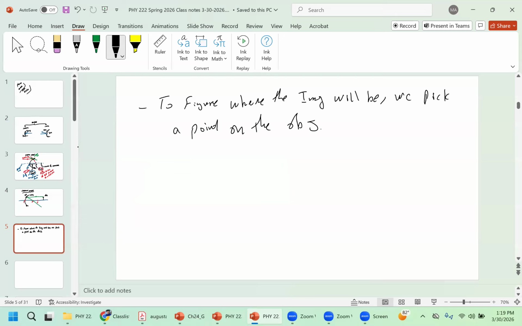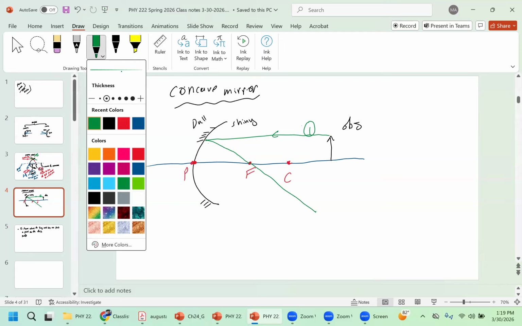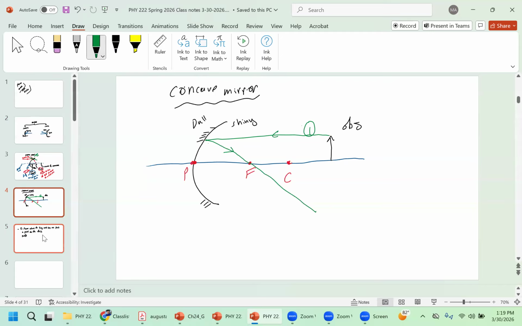So let's say point one, which is right over here. I'm going to give this your point one object. This line in from the top. Now this one goes what? Parallel, and we said it's going to go through the focus.